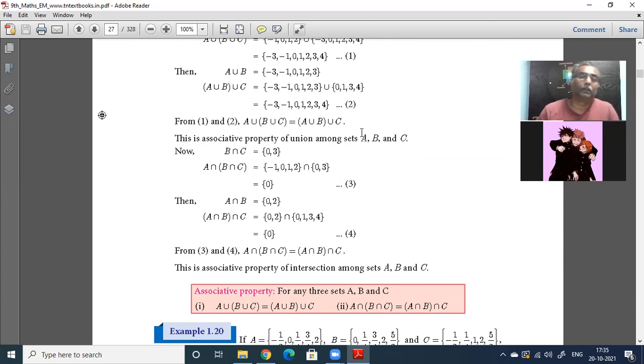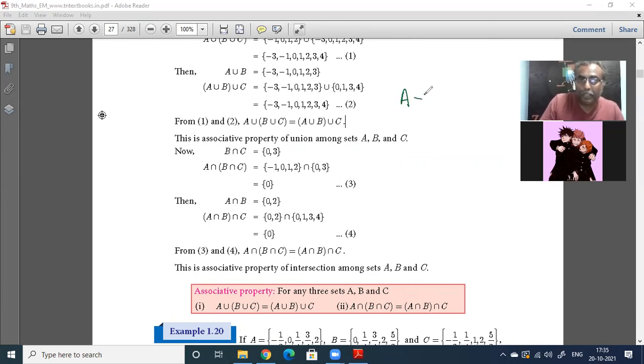Now, for the difference of sets, the commutative property won't be true, and the associative property also won't be true. What will not be true? Set differences.